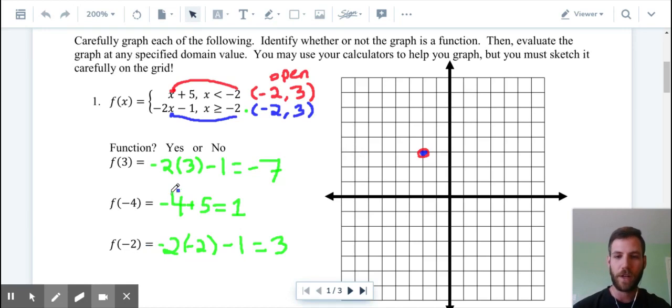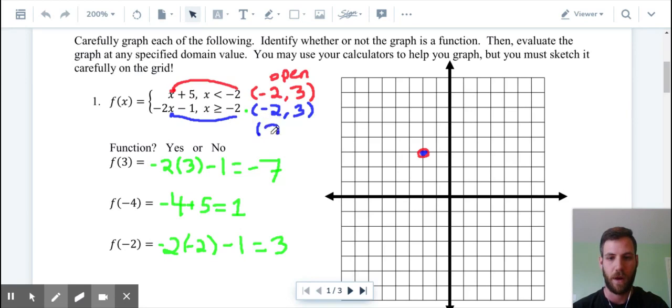So if we want to try to graph this, we just need to follow the point. If we need to draw a line, all we really need to know is we have one point already. We just need one more point to be able to graph a line. So for the blue graph, I just need to try another x that's bigger than negative 2. So I could try 0. If I put 0 into x, negative 2 times 0 minus 1 equals negative 1.